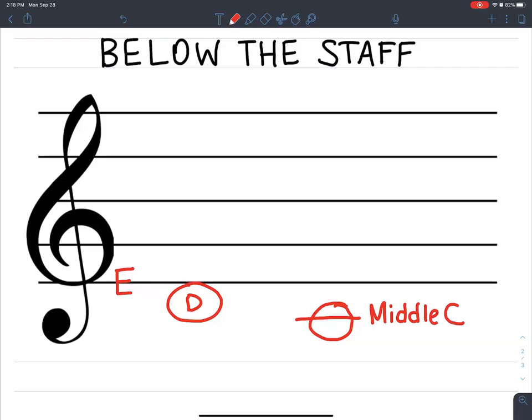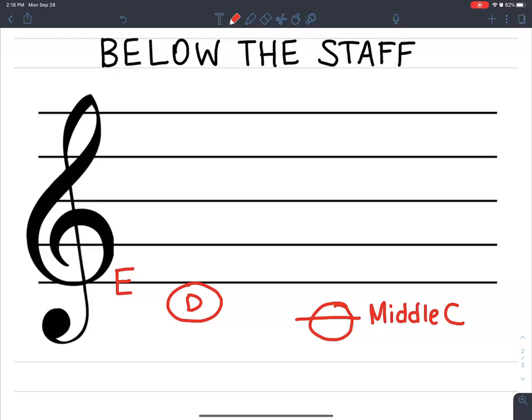One reason is because if you were to look at a piano, it's kind of in the middle of the keys on the piano, but the main reason that it's called middle C is because it's in the middle of something called the grand staff, and we'll talk about that later. The most important thing that I need you to remember is that the C that's below the staff is special and it's middle C.